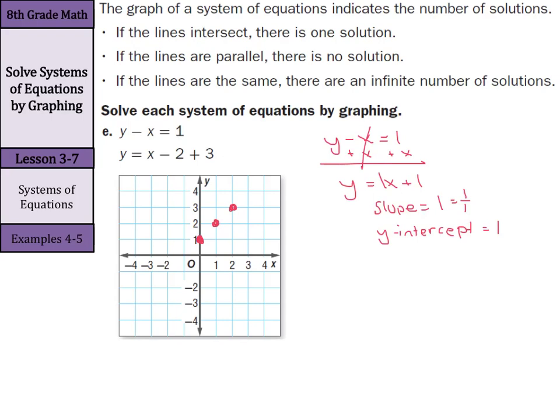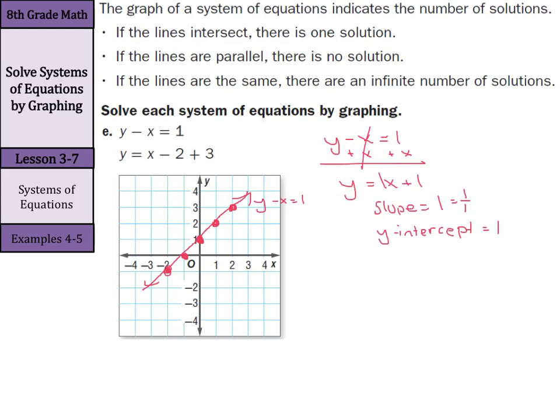And again, remember, that's the same thing as going down 1, left 1, down 1, left 1. So do that again, down 1, left 1, down 1, left 1 to get 2 more points. And then we can draw on our line as neatly as we can. We're going to be looking for those intersection points. So this is the line y minus x equals 1.